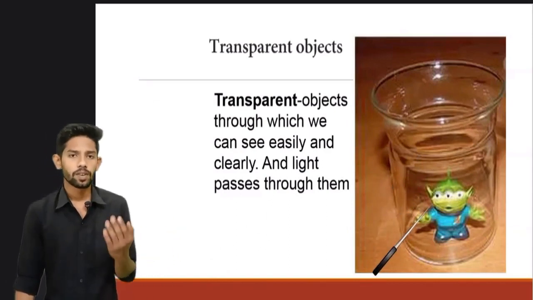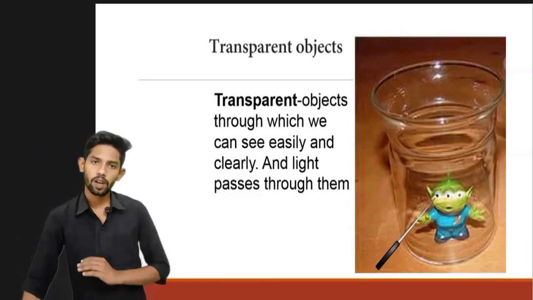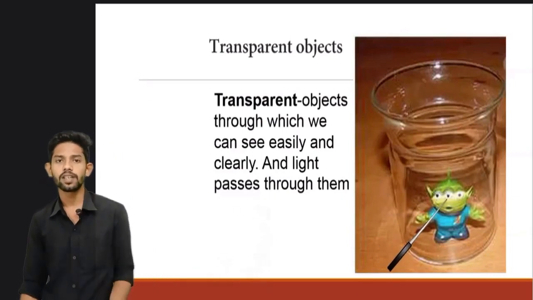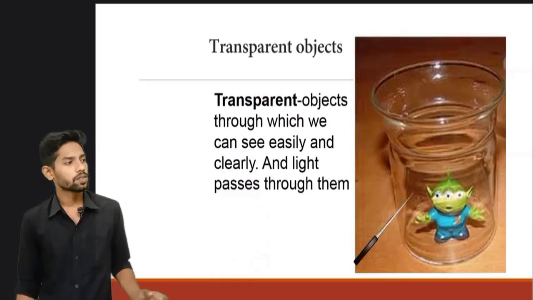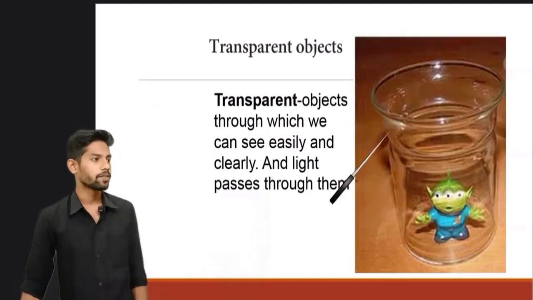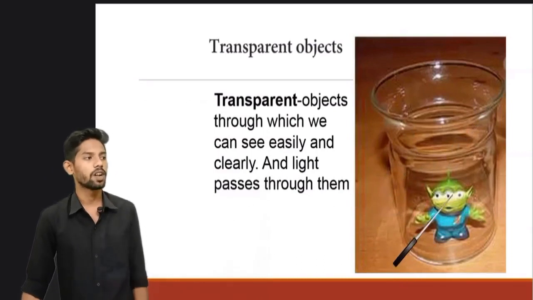Transparent means when the light passes through the object, all the light will pass and we can see the objects behind the object clearly. For example, a glass, in which you have the doll.